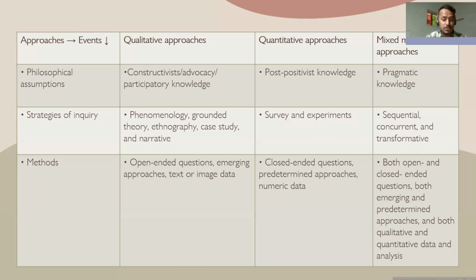Last, methods. In the qualitative approach, methods are often open-ended questions, emerging approaches, and text or image data. In the quantitative approach, methods use closed-ended questions. That means the opposite of the qualitative methods, and additionally predetermined approaches and numeric data.